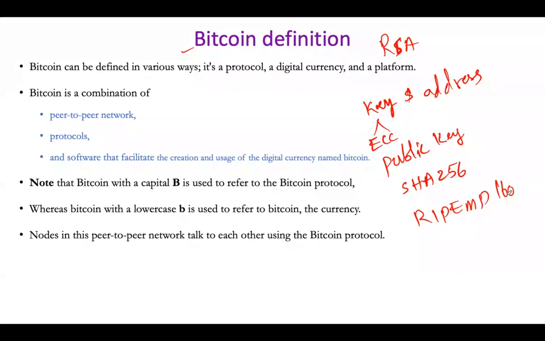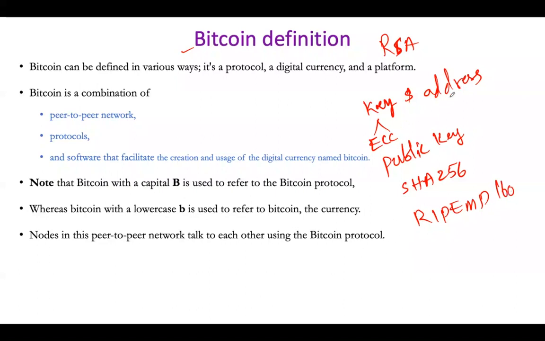So the resultant 160-bit hash is then prefixed with a version number and finally encoded with a Base58Check encoding scheme. So the Bitcoin addresses are 26 to 35 characters long.